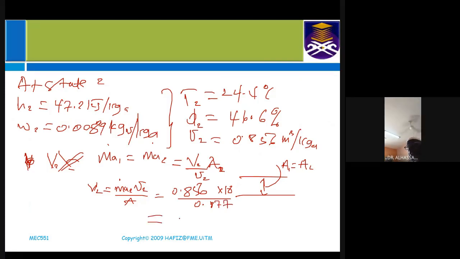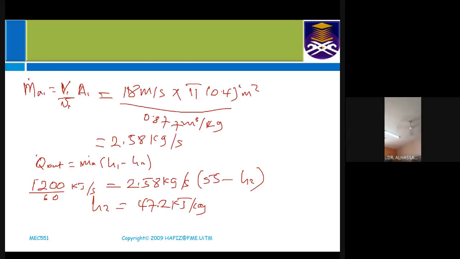So now the exit velocity is about 17.6 meters per second. So that is it for this particular question. Let me see, maybe we can attend to one more question.